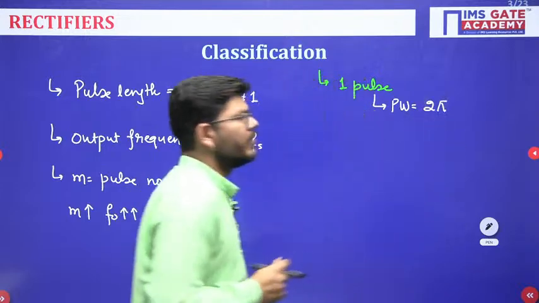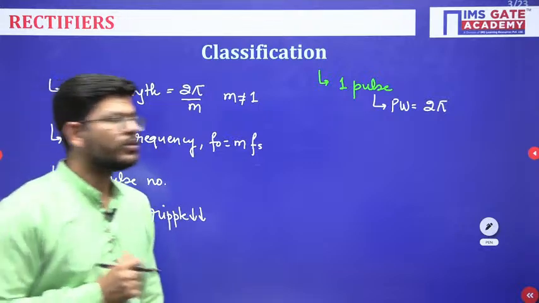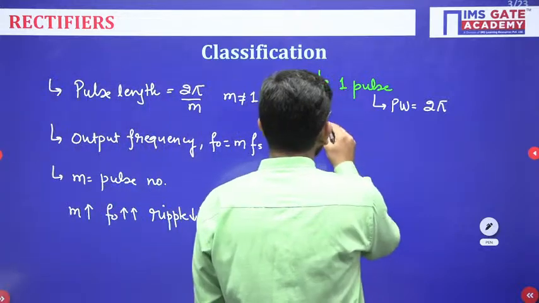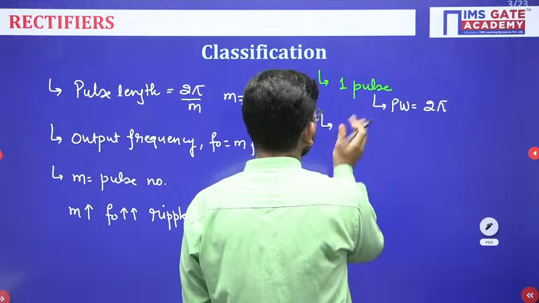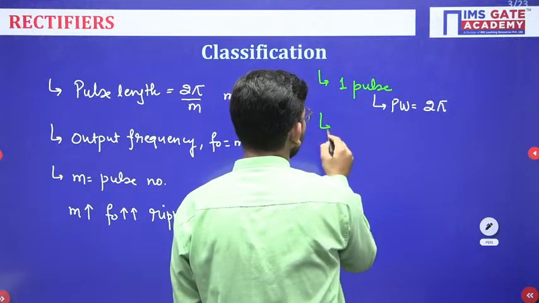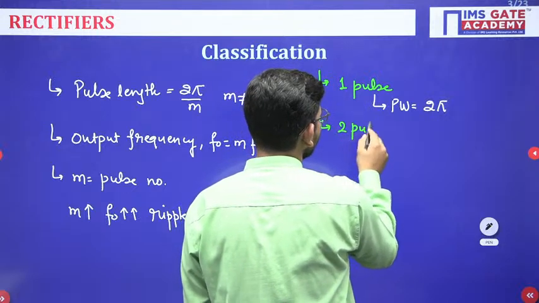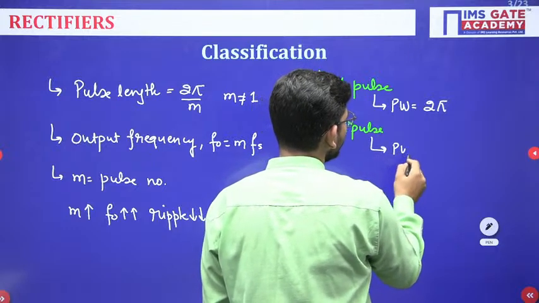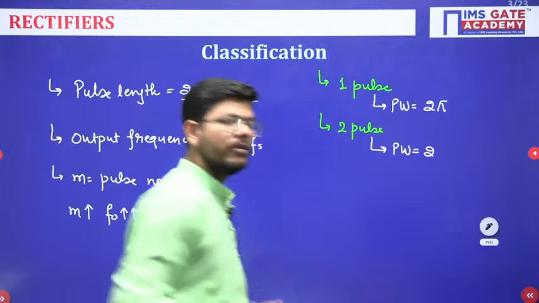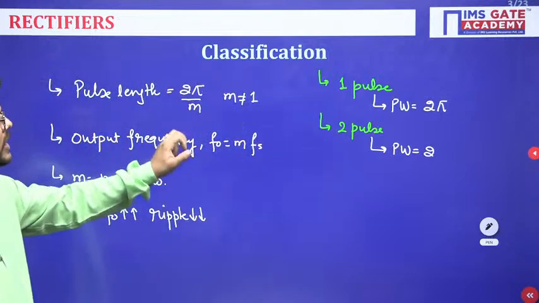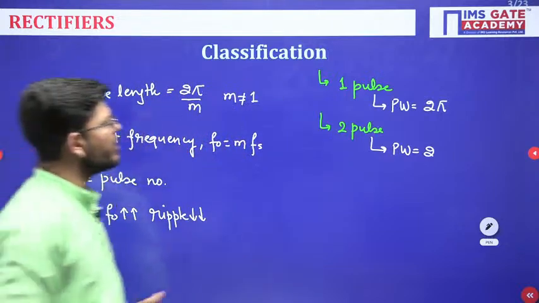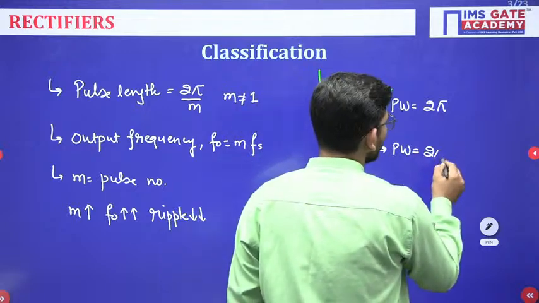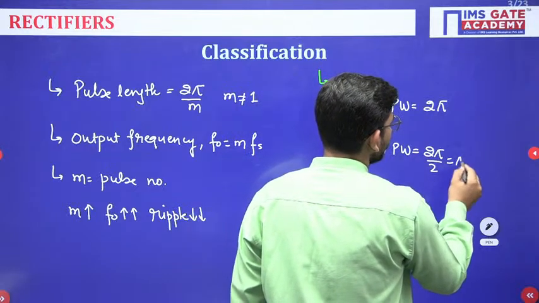And when it comes to a two pulse converter, what will be the pulse width? The pulse width will be 2 pi over 2, okay. Now we will be using this formula. Two pulse converter means m value is 2, so 2 pi by 2, that is, the pulse width will be pi, okay.